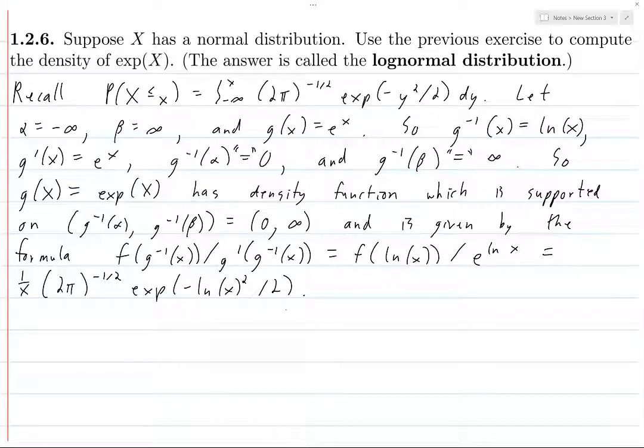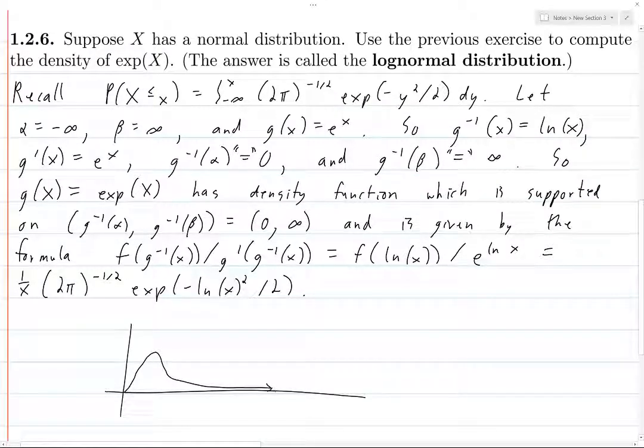That would be useful because natural log is only defined from 0 to infinity, so you need to use that indicator function to specify that the function is 0 outside of the interval from 0 to infinity. But this is the density function, and it looks something like this, I believe. I just plugged it into Wolfram Alpha to see what it looks like.